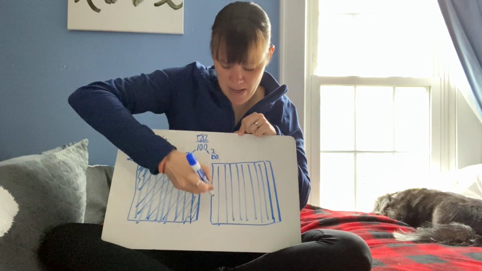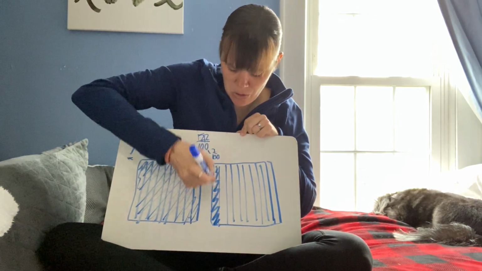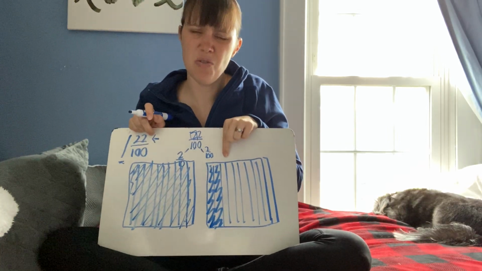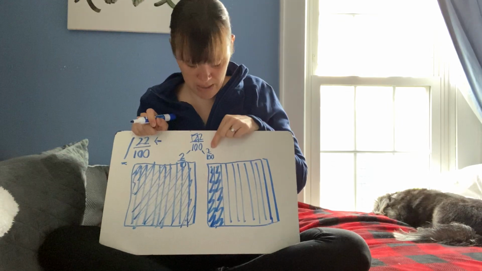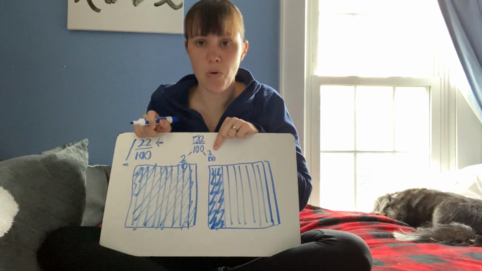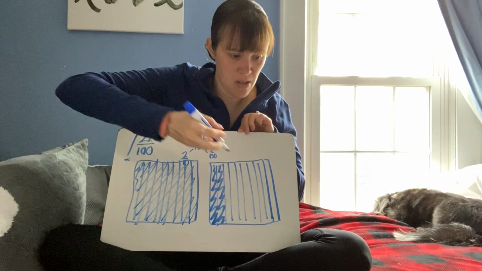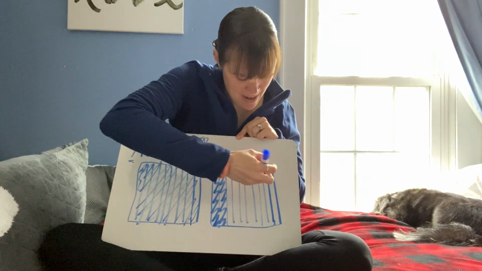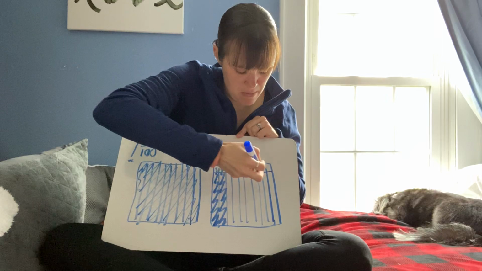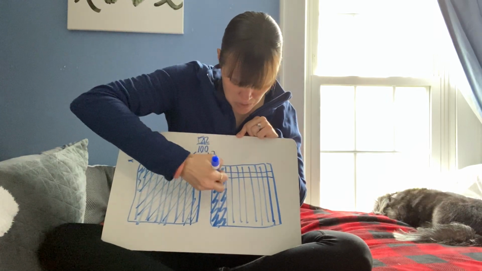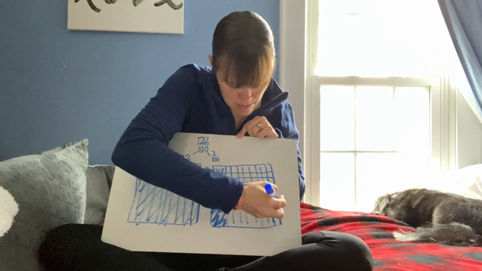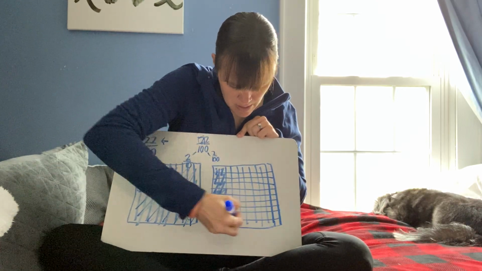So how do we do that? Well, we shade in our 2/10. Here's our 2/10. Am I shading in 2 more? No, because this is 2 hundredths. So how do we split this into hundredths? We would draw 9 lines, horizontal lines. 1, 2, 3, 4, 5, 6, 7, 8, 9.